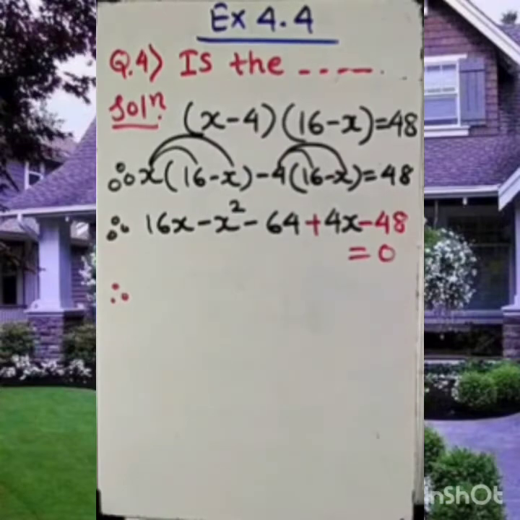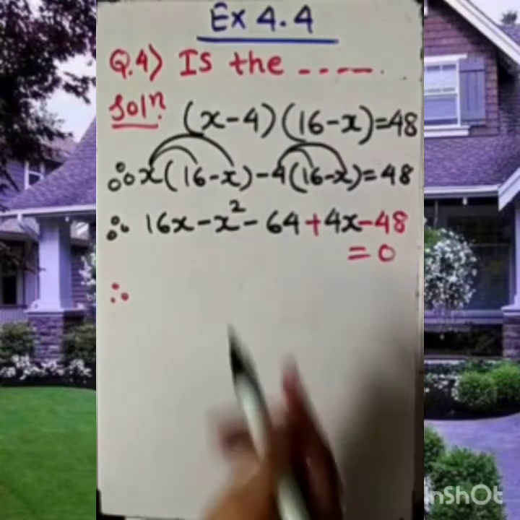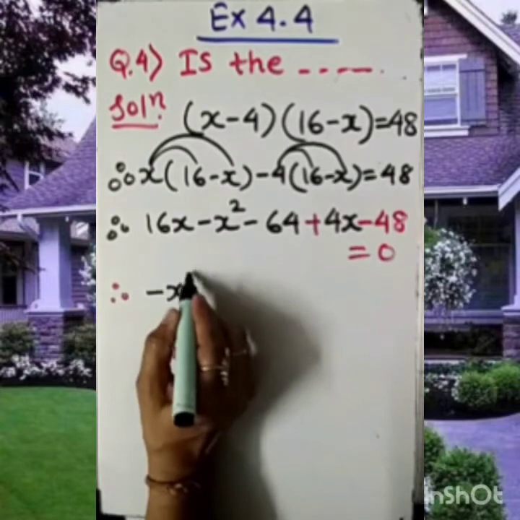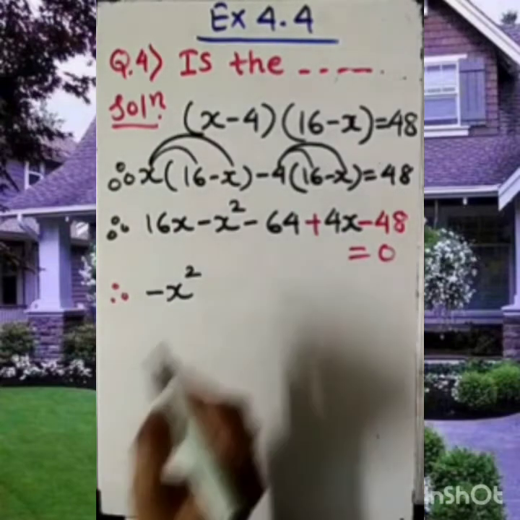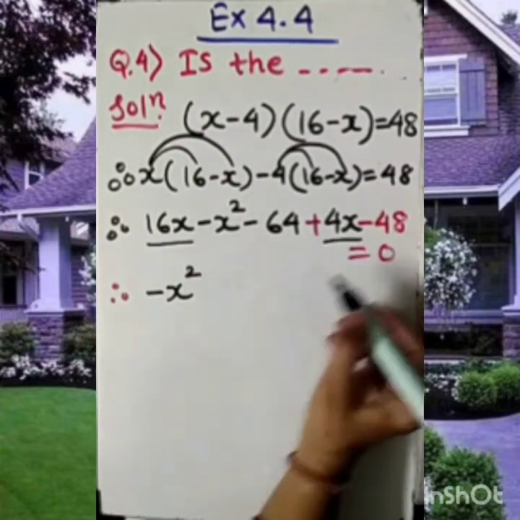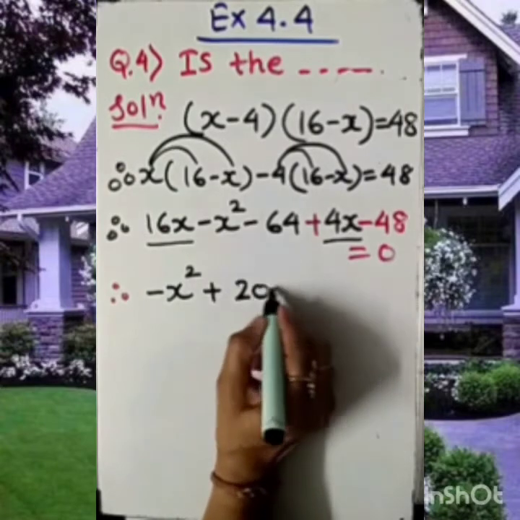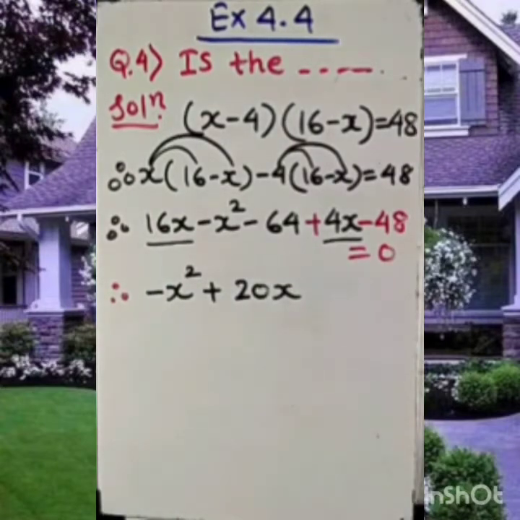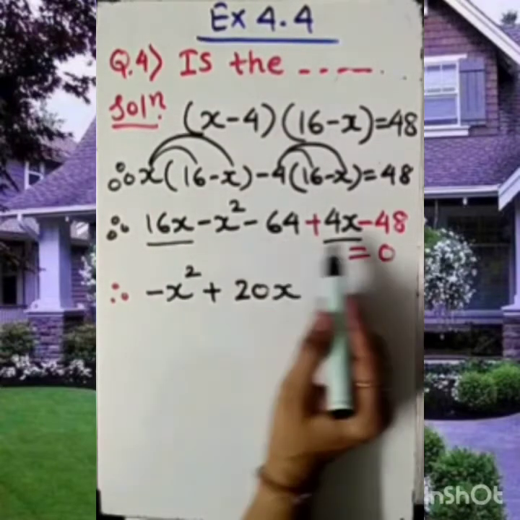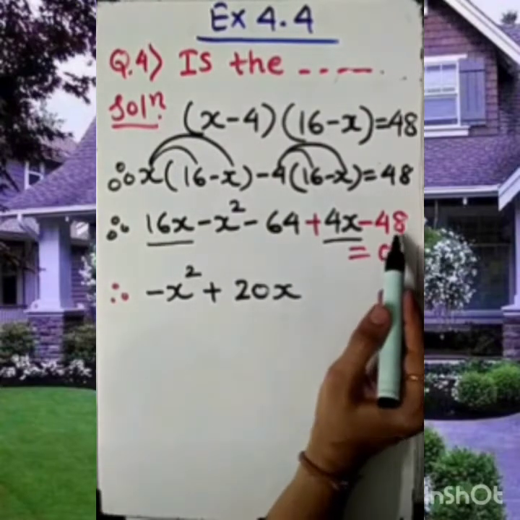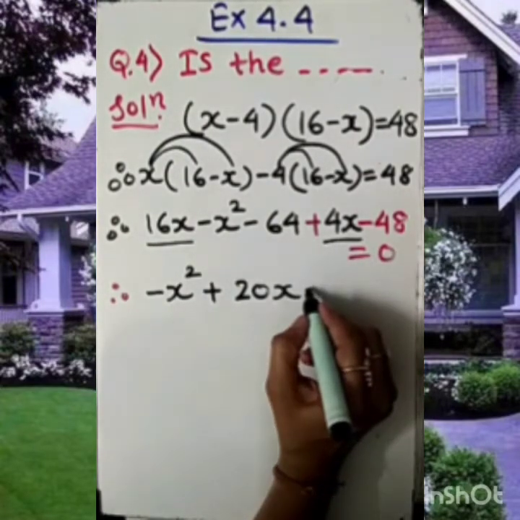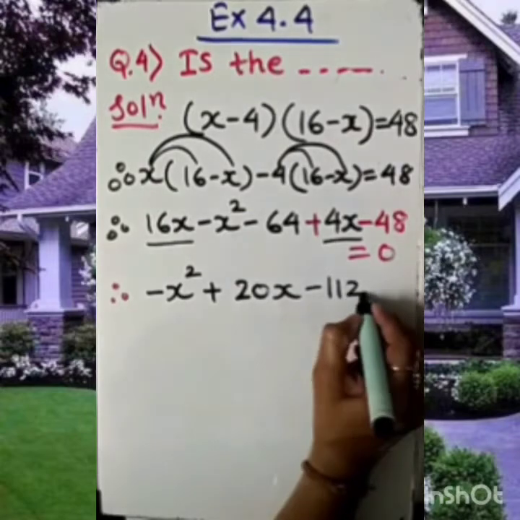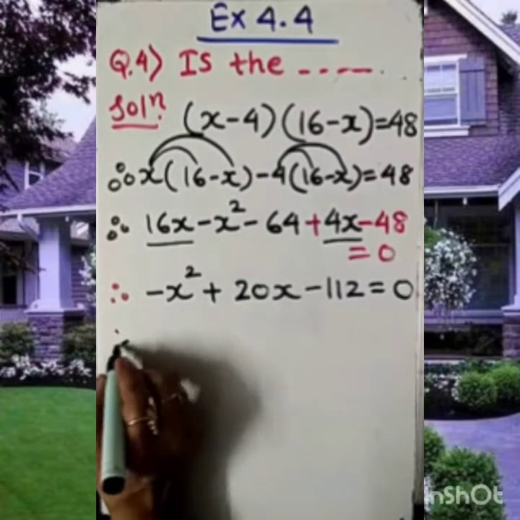Therefore, now let's work out. Minus x square, let me write it as it is. 16x plus 4x, can I write 20x? Same sign, addition. What about minus 64 minus 48? They also have the same sign. The sum of this is minus 112 equal to 0.